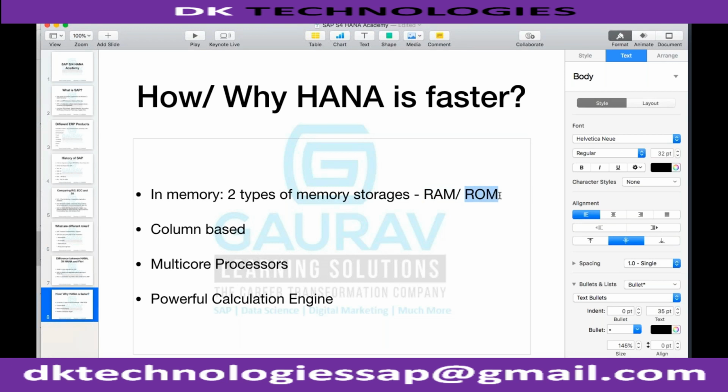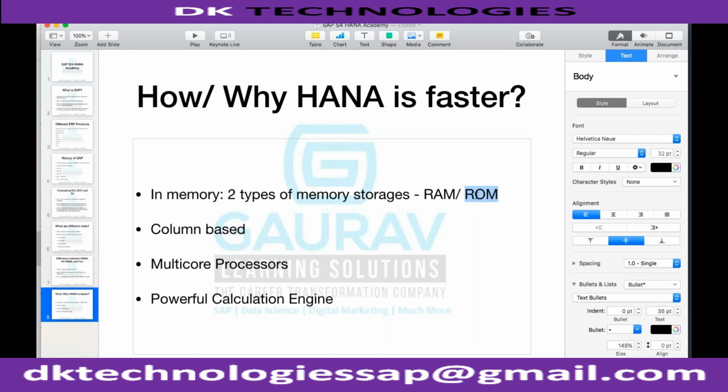So what was happening till now in all the databases that were being used by SAP throughout these years, Oracle, DB2, Sybase, Microsoft SQL, all these databases were following the same thing. RAM was only used to process the data and ROM was used to store the data.